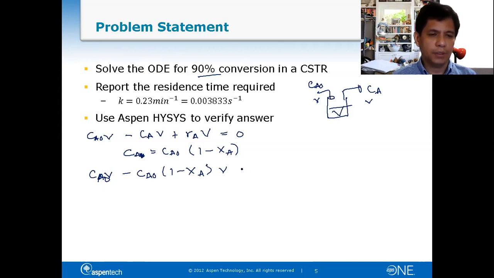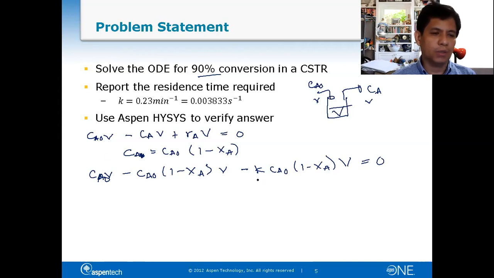Tapos yung third term, magiging negative. Yung rA is kCA, so k, tapos CA yun. So palitan din natin ng CA0 (1 minus XA), tapos times the volume of the reactor. Steady state is equal to 0. I hope you can follow.